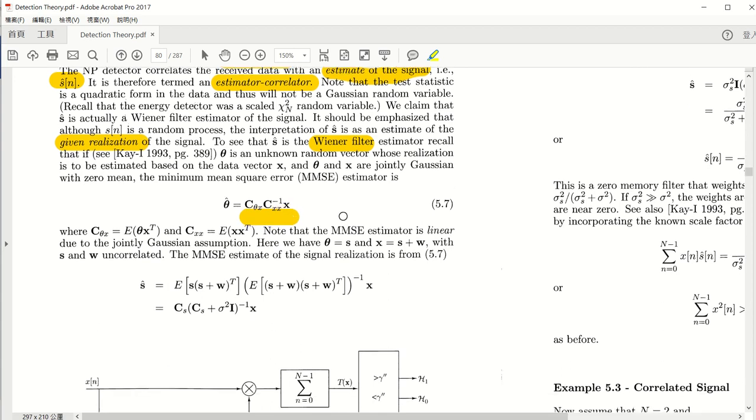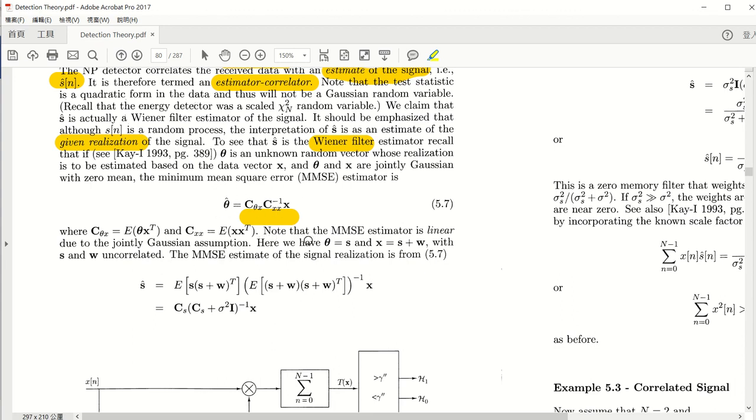And then of course the C is the cross correlation. C theta x is the expectation of theta x transpose, and Cxx is the expectation of x x transpose. So this is the MMSE estimator for theta hat.